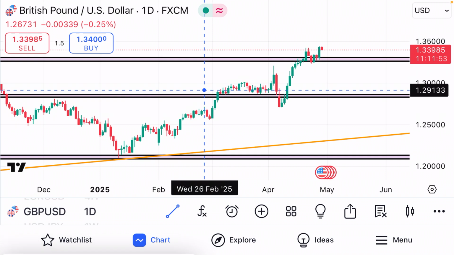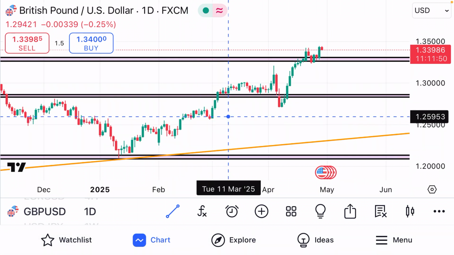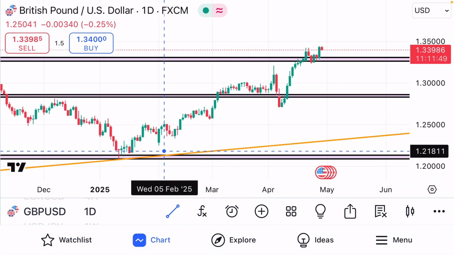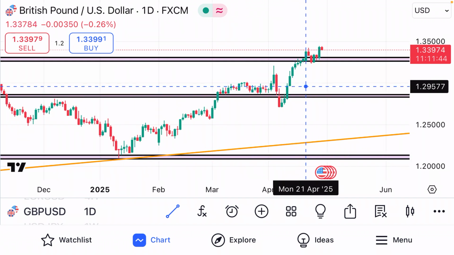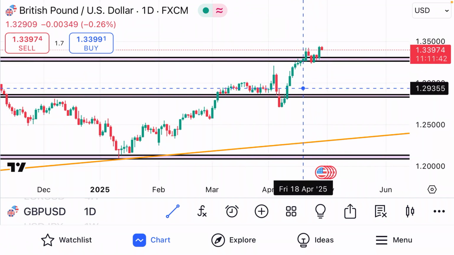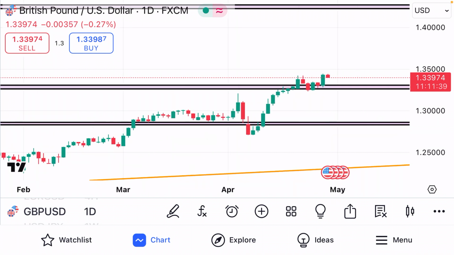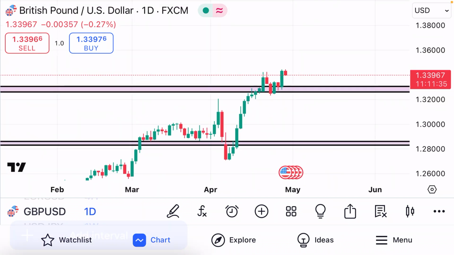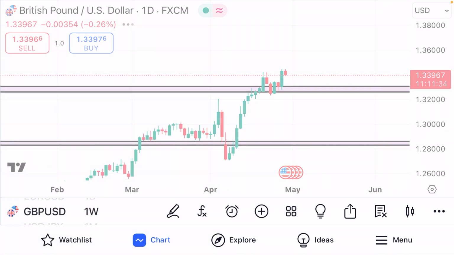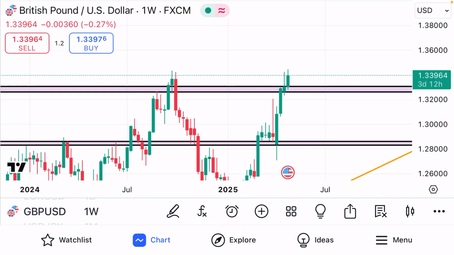So let me see. Anyway, I'm not seeing any trend line here. I only see one weak rejection here, but there are no weak rejections here. So our trend line will be invalid. So let's come back to the weekly time frame to see if maybe we have a trend line from the previous higher highs.